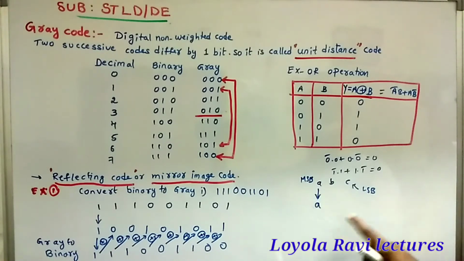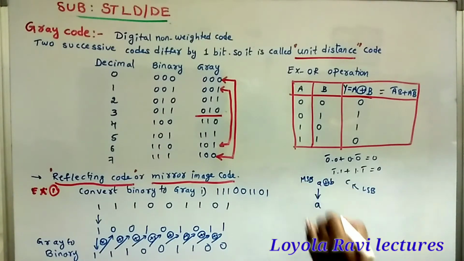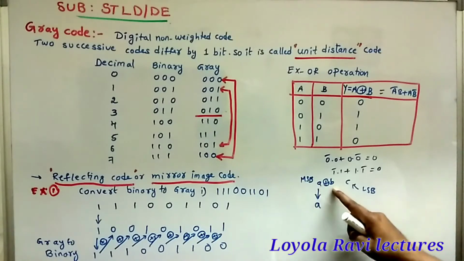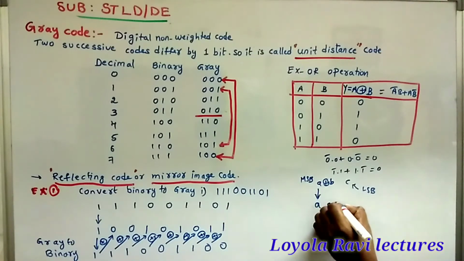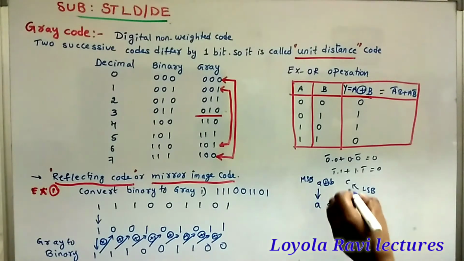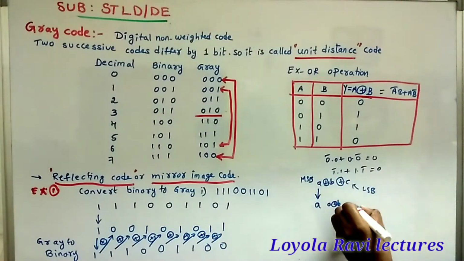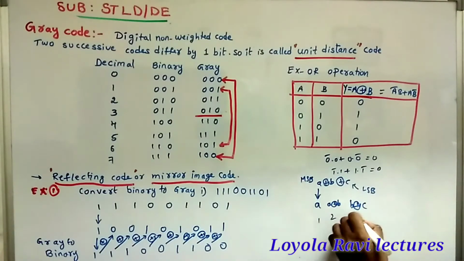Then, in between the bits, you perform the XOR operation. A XOR B is the next bit. Then B XOR C is the next bit: first bit, second bit, third bit.